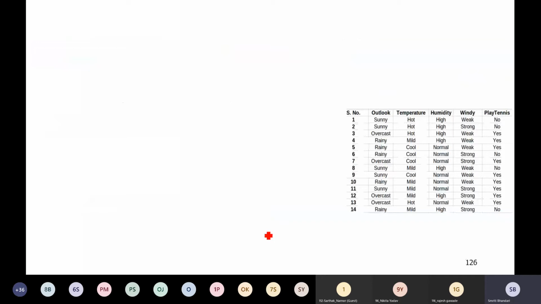Okay, so this is our data set, and we have selected the attribute outlook. So my attribute under consideration A is outlook. Outlook is having three values: sunny, rainy and overcast. I'm interested in only this column because I'm dealing with this attribute right now, and I'm interested in play tennis, that is the target attribute class.